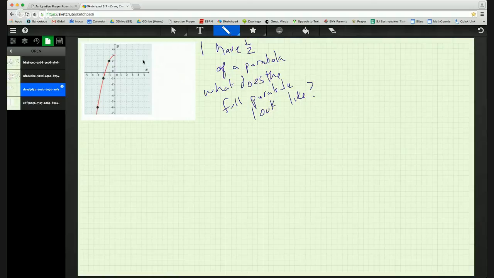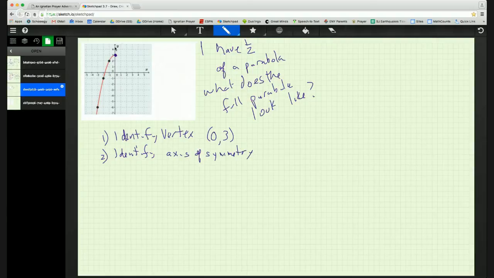And if this is half of the parabola, let's start here. Let's identify the vertex. And that's right here. So the vertex is 0, 3. Now I can identify the axis of symmetry. Well, that's right here because it goes through the vertex and it's a vertical line.